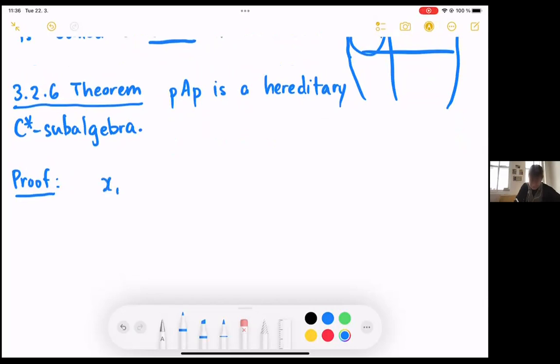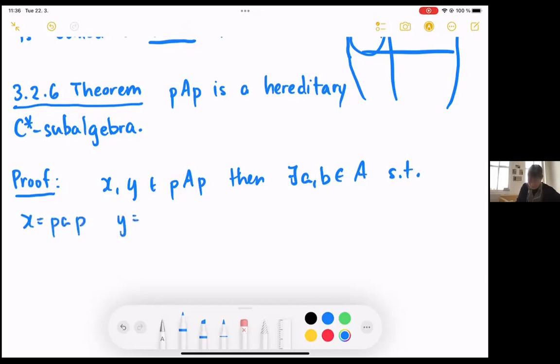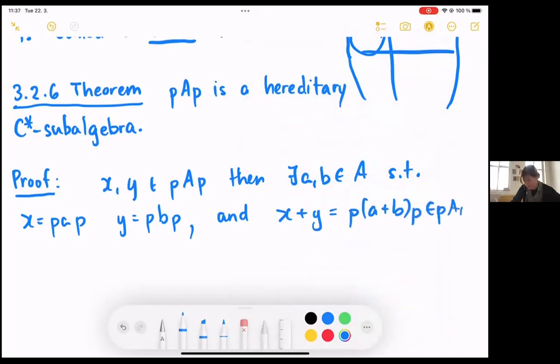So if we have X, Y in PAP, then there exists some A and B in A such that X is PAP, Y is PBP, and then it's easy to check that X plus Y is just P of A plus B, which is certainly in PAP.